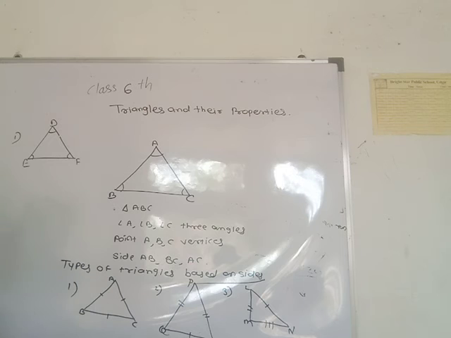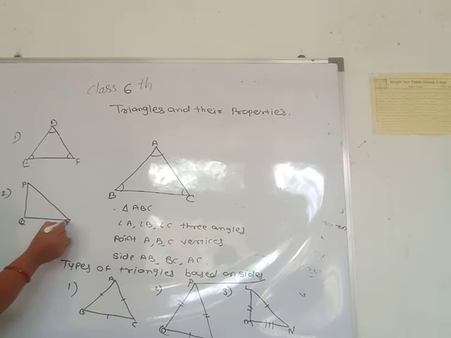A triangle with all three angles acute is called an acute angled triangle. Then the second one, triangle PQR, right angled triangle. A triangle with one angle a right angle is called a right angled triangle.